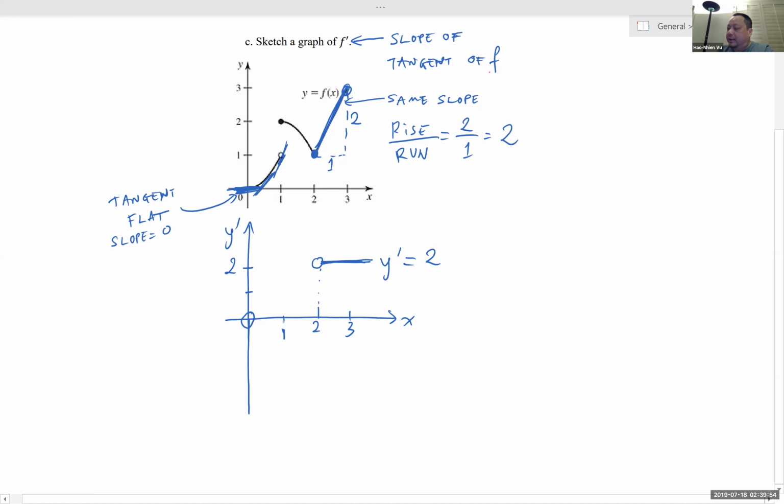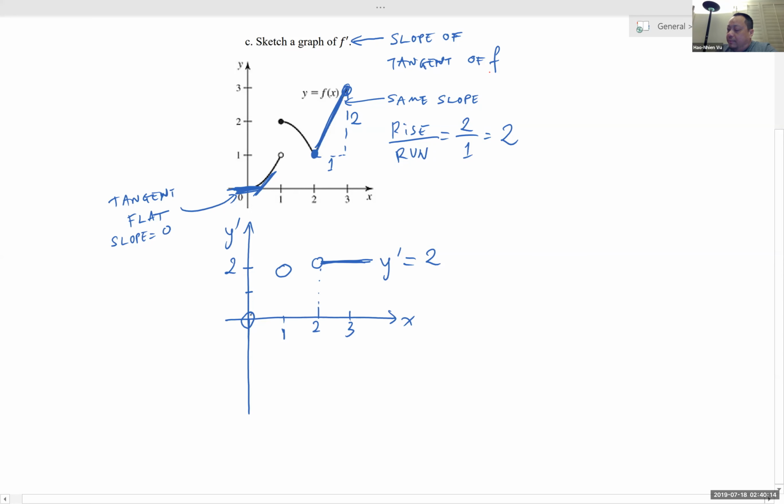And at the very end, it looks like it's about the same as that slanted line, just about the same as the third segment. So it ends at about 2, maybe less than 2.